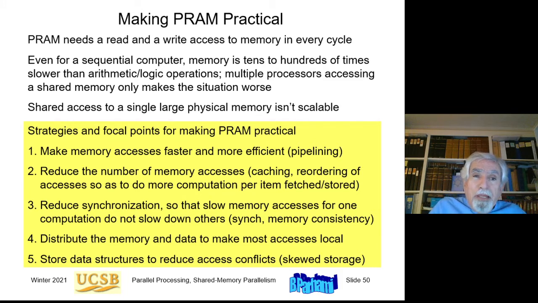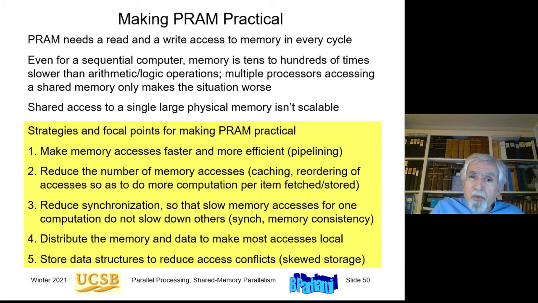Remember that PRAM needs a read and write access to memory in every cycle. So PRAM is viewed as a synchronous machine, and in every machine cycle, a read access takes place, some processing takes place, and a write access.